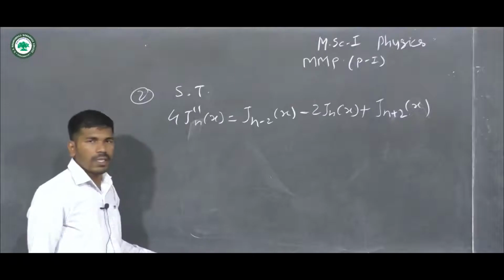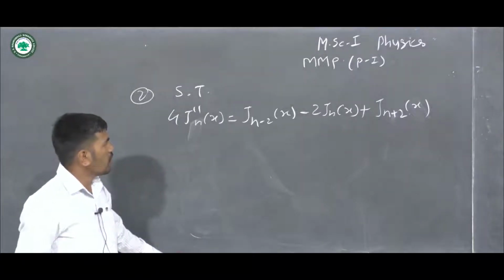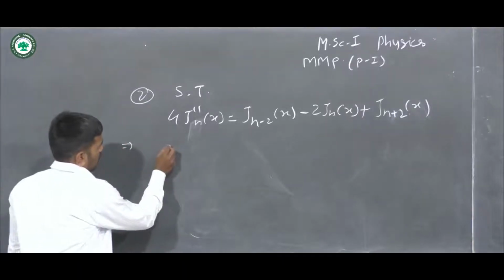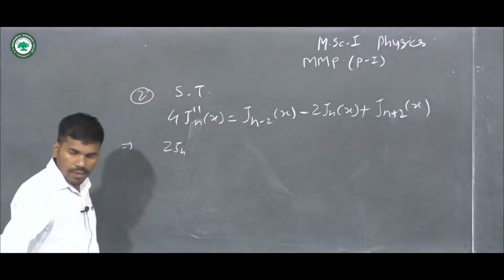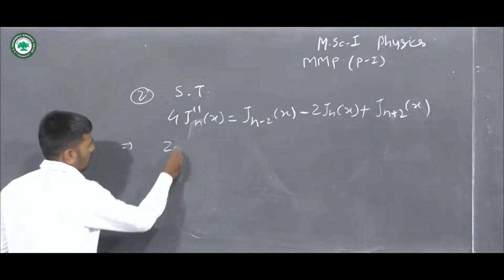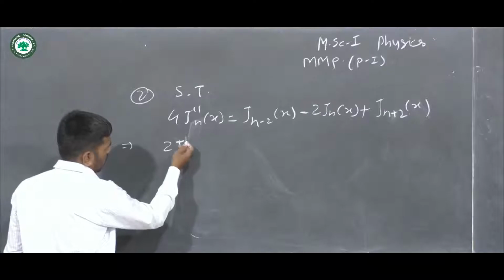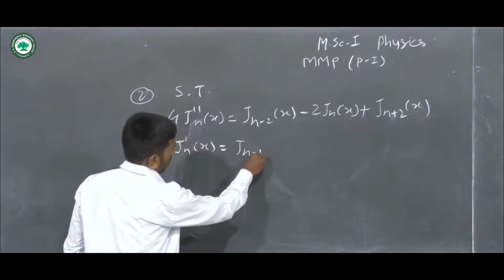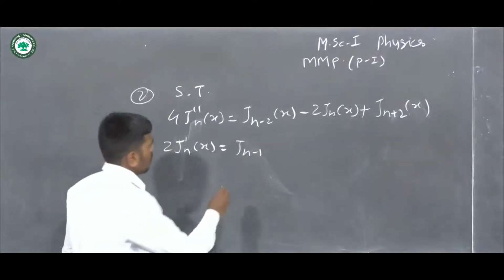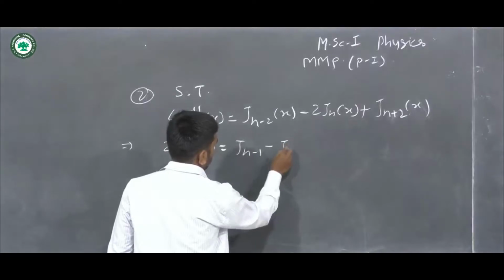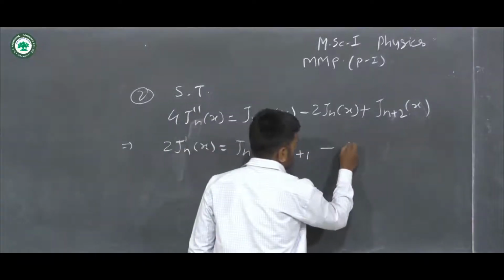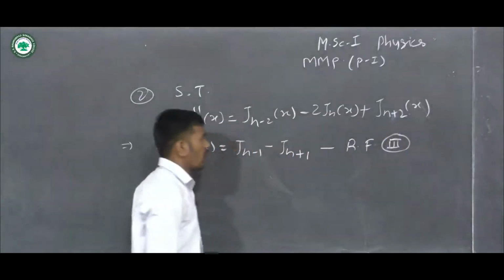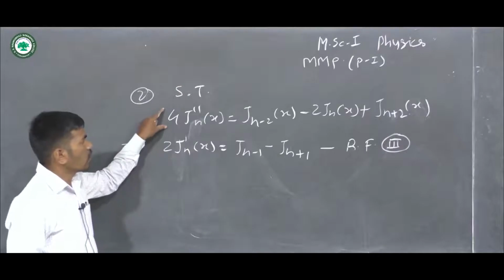Here I am going to use the third recursion formula, that is 2J'n(x) = J(n-1) - J(n+1). This is the third recursion formula. By using this formula we are going to solve this example.